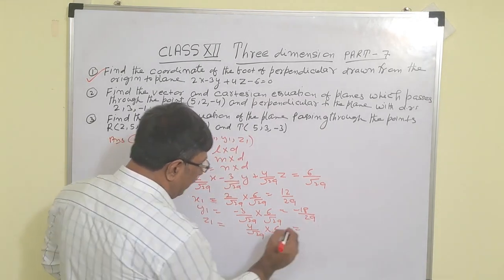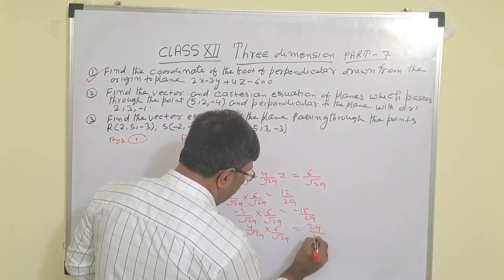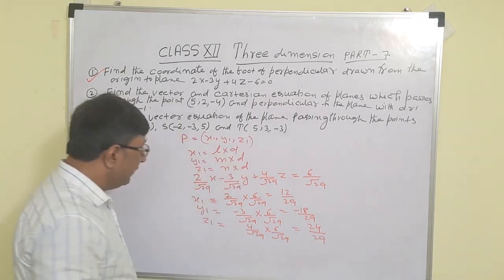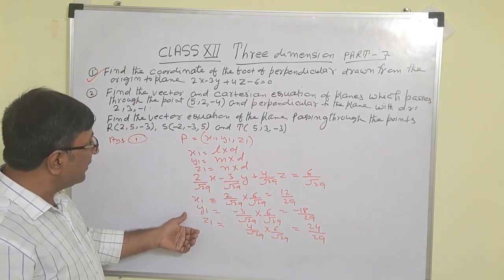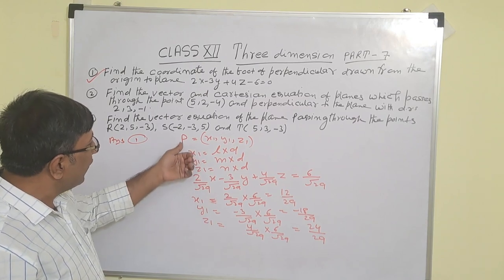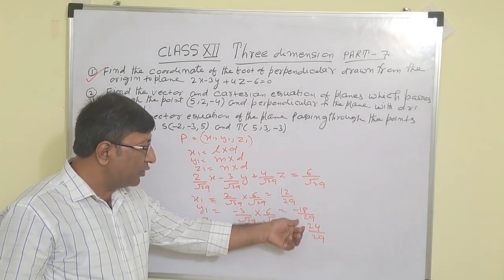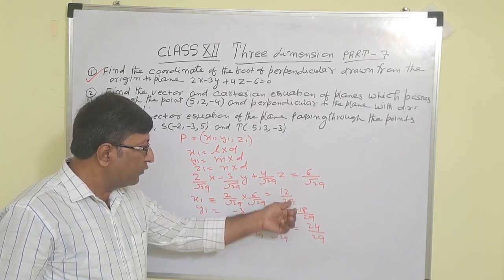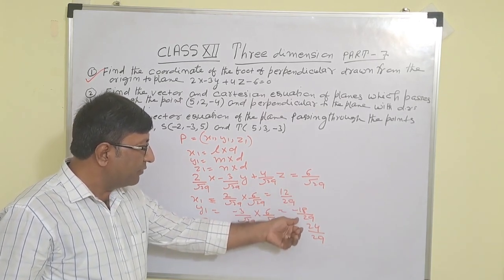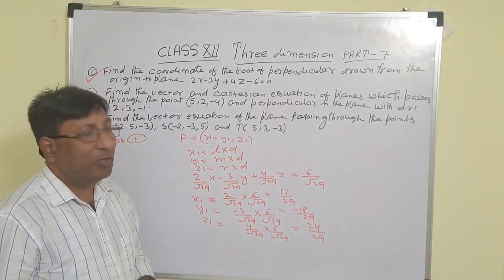Here 6 times 4 is 24, upon 29. So x1, y1, z1, the required coordinates of the foot of the perpendicular, are 12 by 29, minus 18 by 29 and 24 by 29.